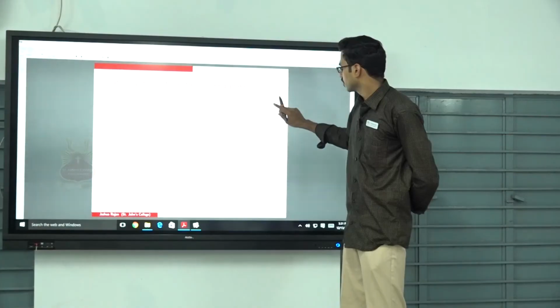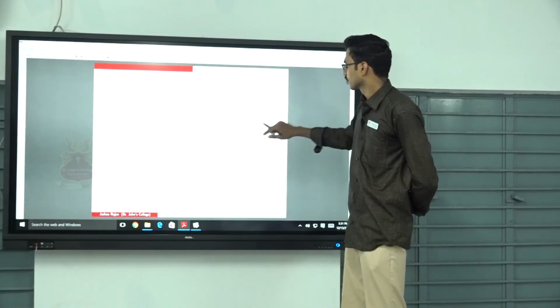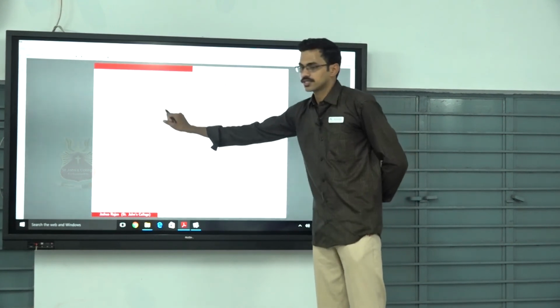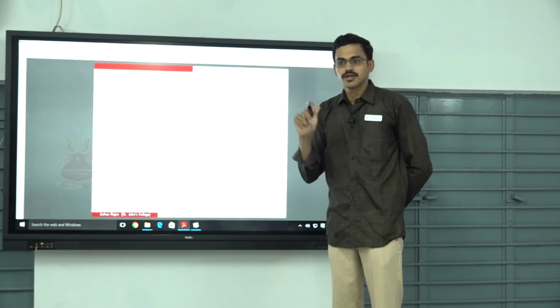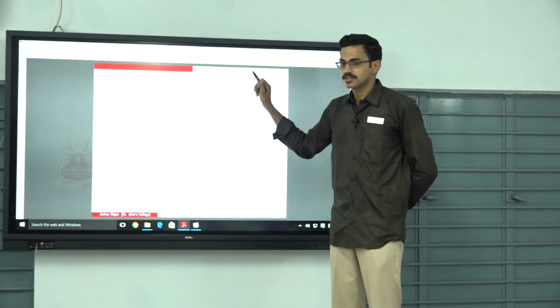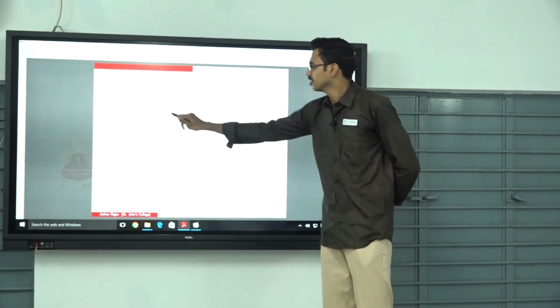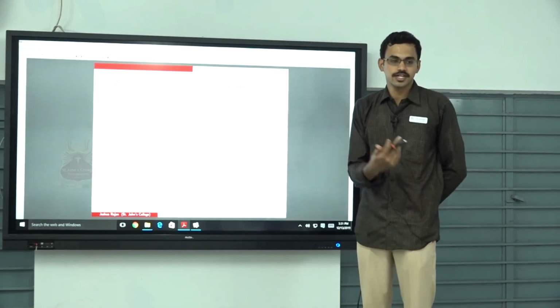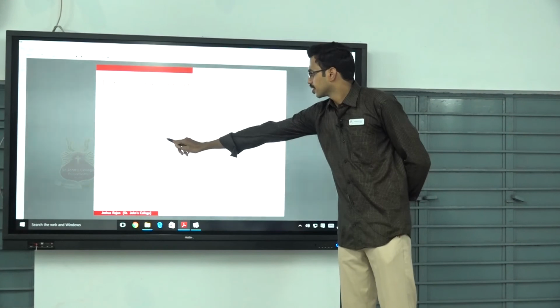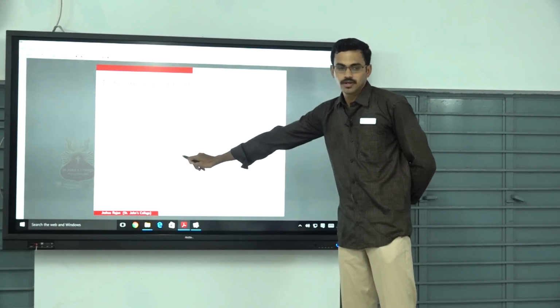What is that equation now? Substituting y equal to 0 at which time? Small t equal to capital T. Okay, substituting capital T and y as 0 and solving it to find t. Okay, this is equation number 1.